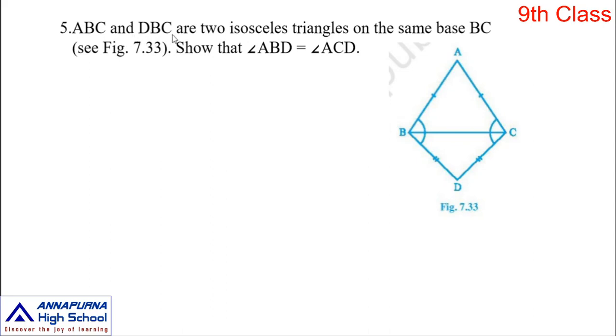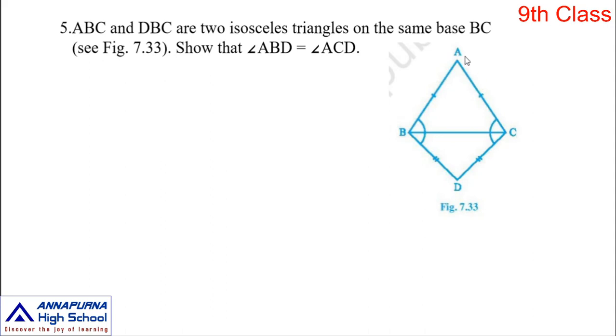ABC and DBC are two isosceles triangles on the same base BC. Observe the figure 7.33. ABC is an isosceles triangle. What is the definition of an isosceles triangle? A triangle in which any two sides are equal.